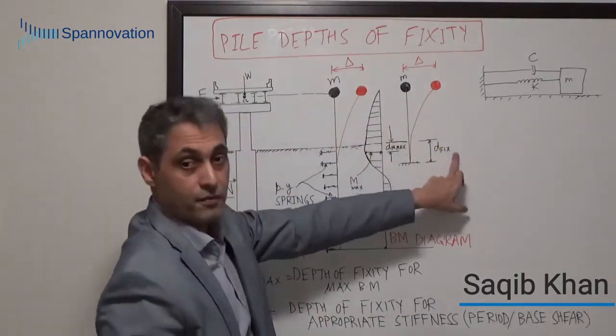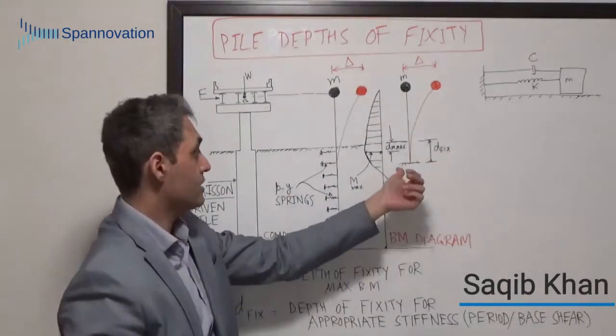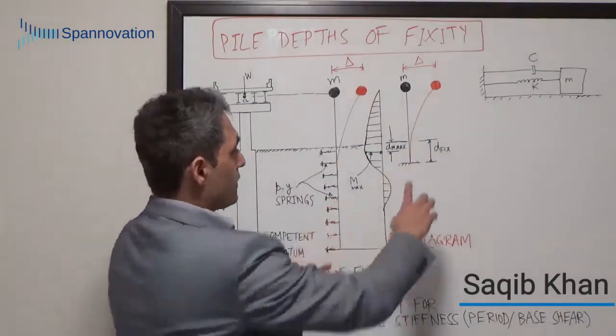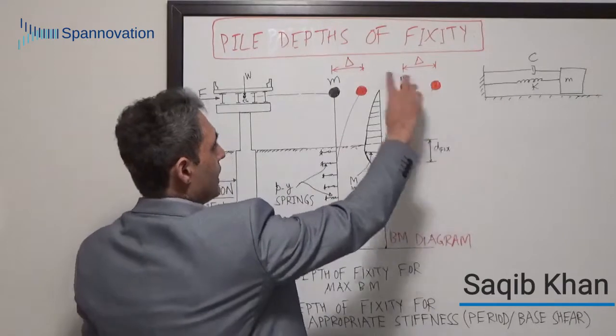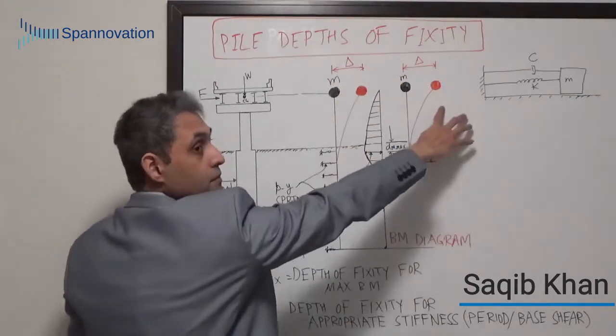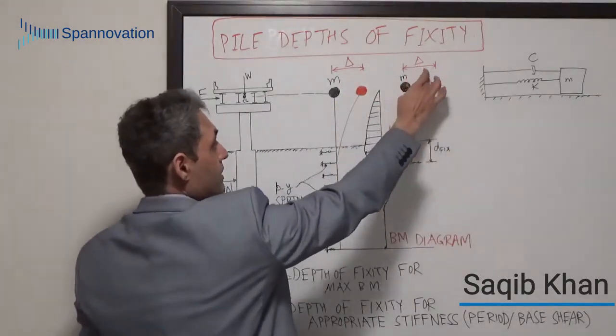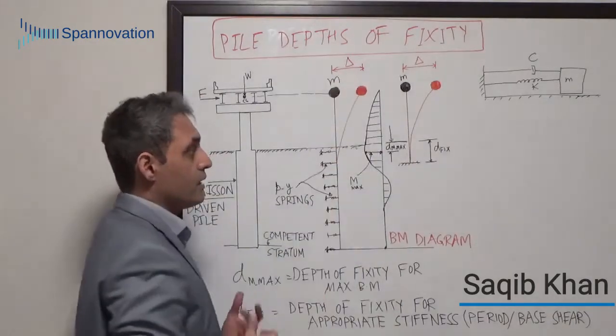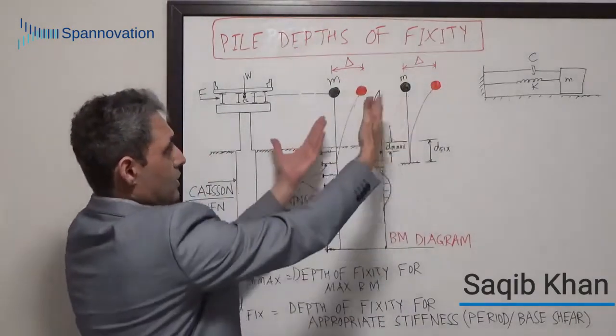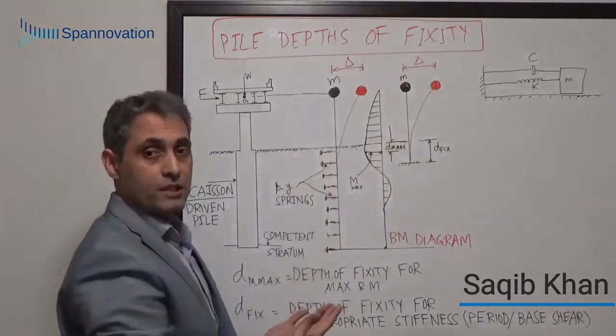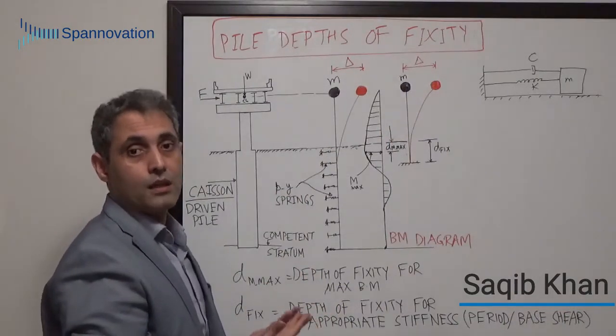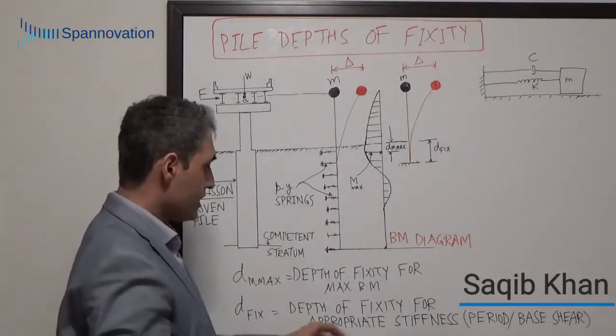This D_fix is not going to be the same as D_M max. However, this value has to be such that when you shake this system, it comes up with the exact same delta as this system. That means that the stiffness between the two has matched and our answers are going to be appropriate. Why do I say that?